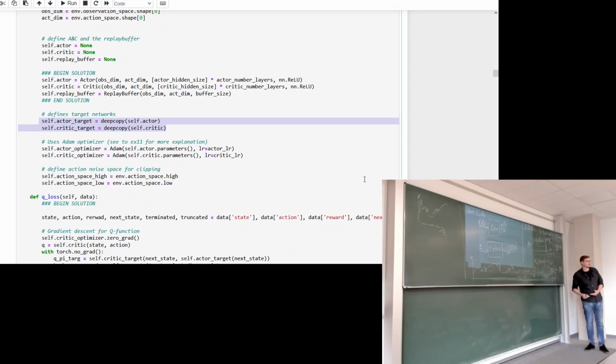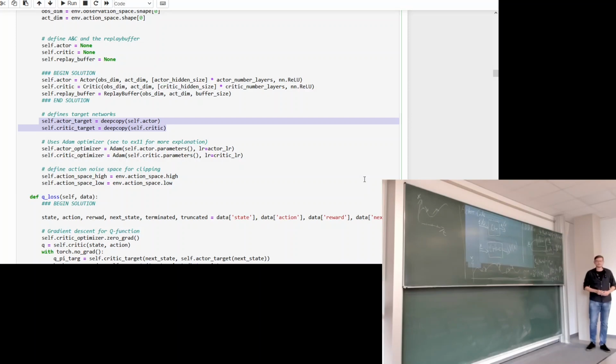This is only for one learning step. In the next learning step, I'm sampling a new mini batch, which is again completely random, and which takes into account one more experience, one more data point that I sampled in the meantime.